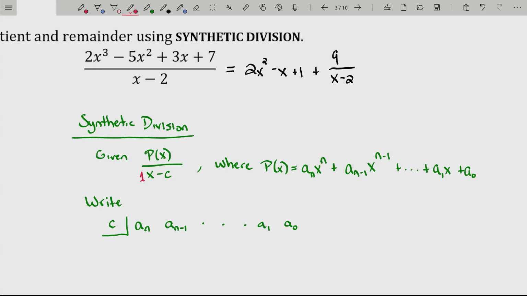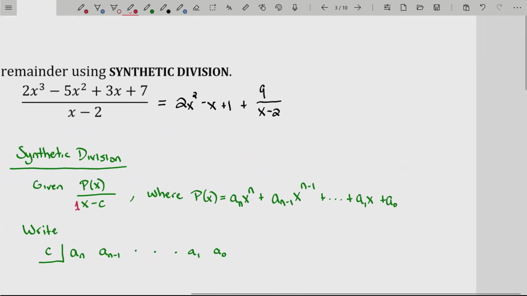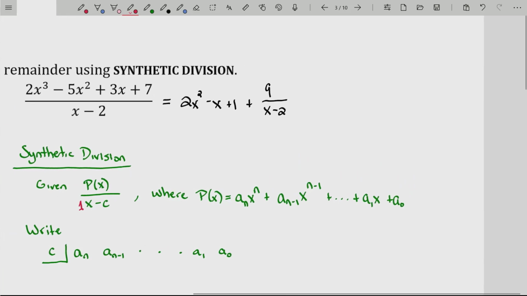So let's see, we're given a polynomial divided by 1x plus or minus a number. Okay, but I specifically write it as minus c because I want to showcase something. And the polynomial, it looks terrible, but this is just saying it's some nth degree polynomial. So in this case right here, our polynomial is third degree, right?